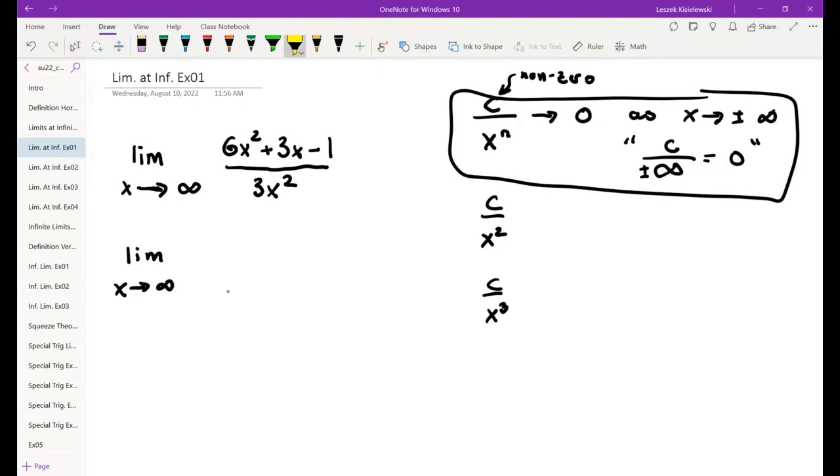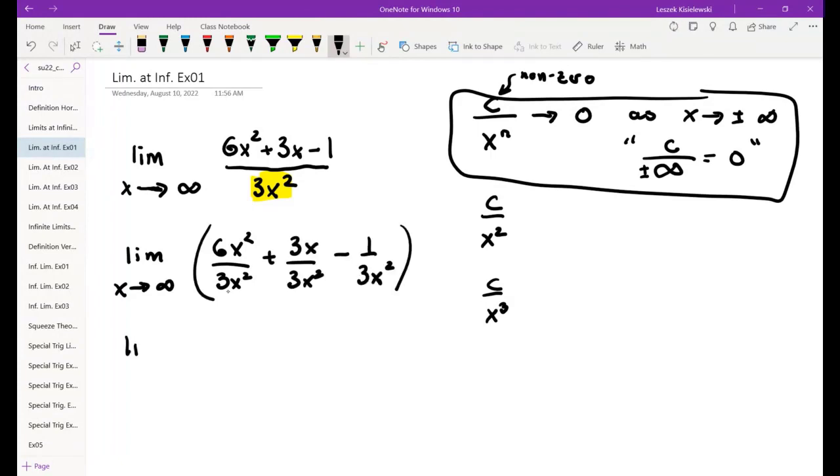Notice we have exactly a single term in the denominator, so we are free to go ahead and divide each term in the numerator by that single term in the denominator. We'll do the quick algebra here, the cancellations. So why is this useful for calculating the limit as x goes to infinity?